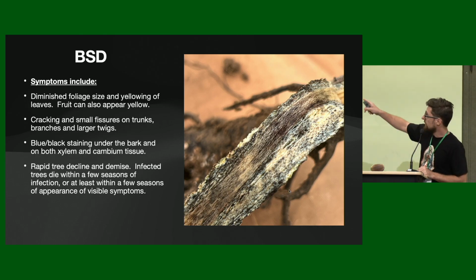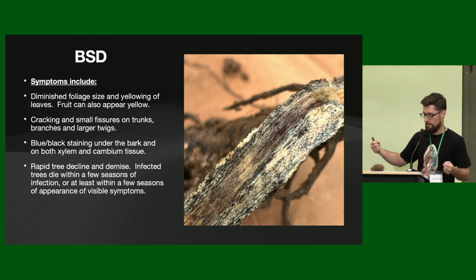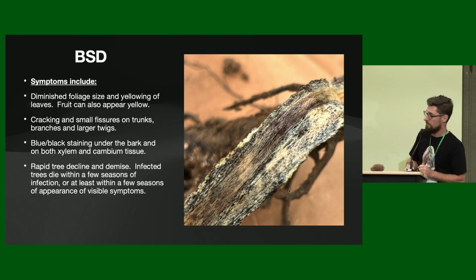What you're seeing here is the inner bark that's been exposed to BSD. I basically ripped the bark off of the young tree, and that's what it looks like underneath. Instead of being nice, bright green and clean, it looks terrible. Blue and black staining.